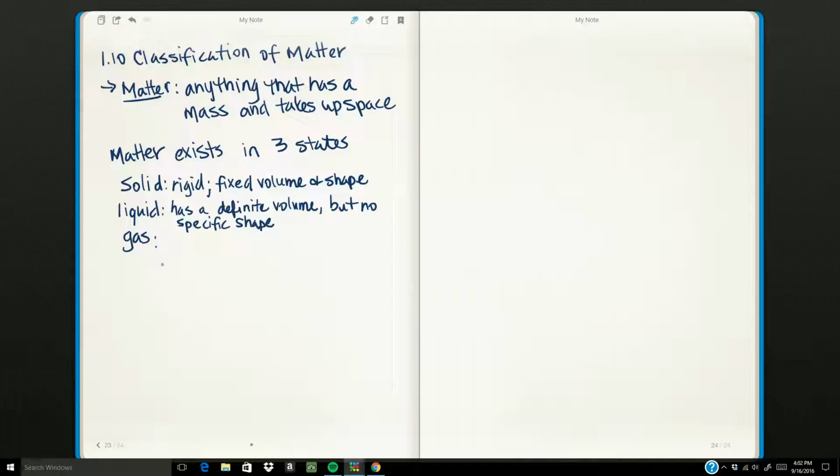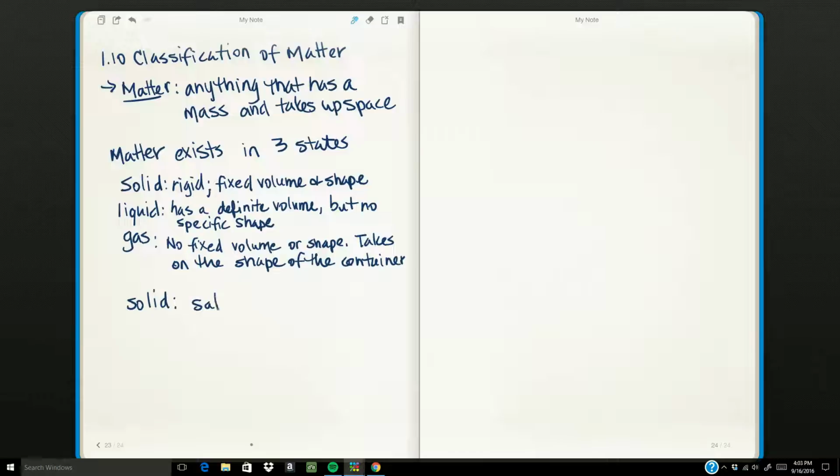And gas has neither. It has no fixed volume or shape. Gases take on the shape of the container that they're in.